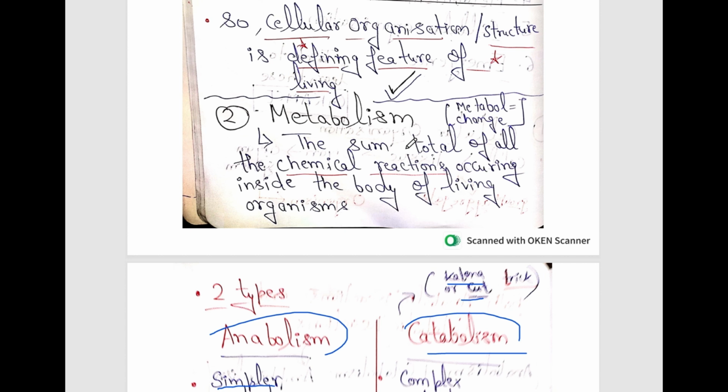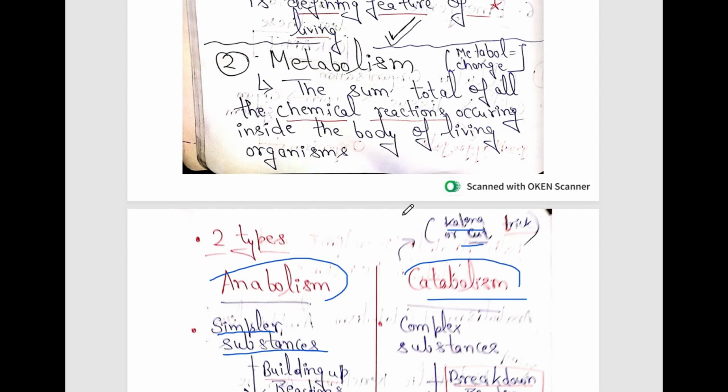The sum total of all chemical reactions occurring inside the body of a living organism, you can also write here, due to the specific interaction amongst different types of molecules within the interior of cells, is called metabolism.